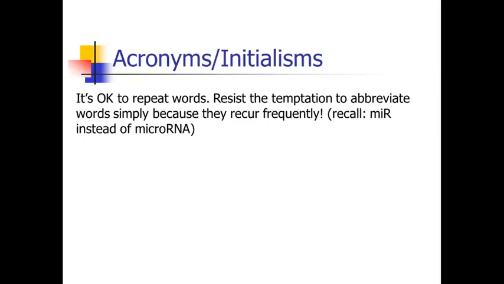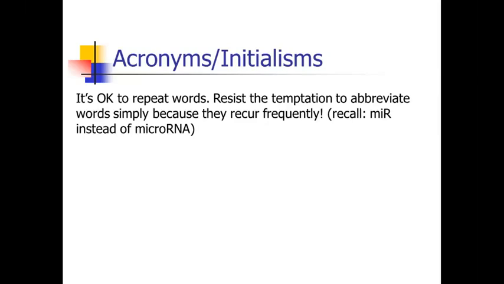Well, it would be better, again, just to write out the keyword than to make up acronyms all over the place. As I talked about in an earlier module, we had the example where an author had abbreviated microRNA, which of course is itself already an acronym, with the acronym MIR. And I should point out that sometimes people will make a distinction between acronyms and initialisms. Acronyms actually make a kind of new word, and initialisms are just the initials.